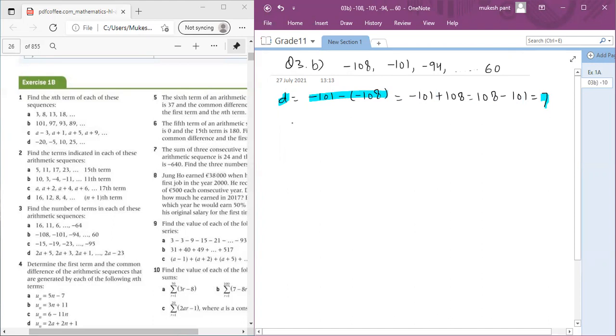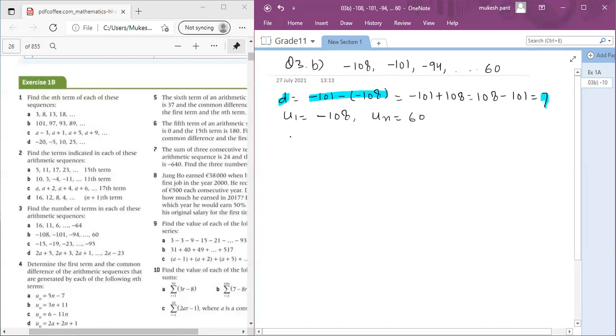Now the first term u1 equals minus 108. And one more thing, the last term. The last term in this series is 60, or you can say any other term, that's also correct.